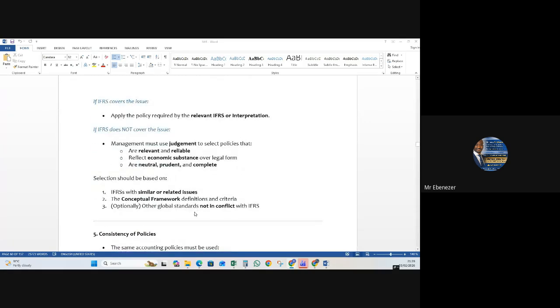Then we reflect on the economic substance over the legal form, which is substance over form. Then we also look at the neutrality, the prudence and completeness of the transaction. So that's what we have here.